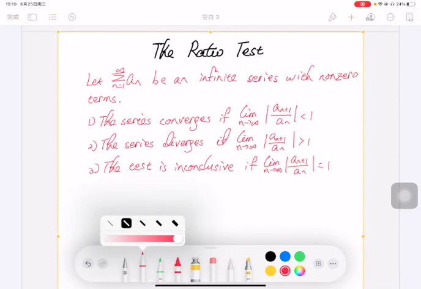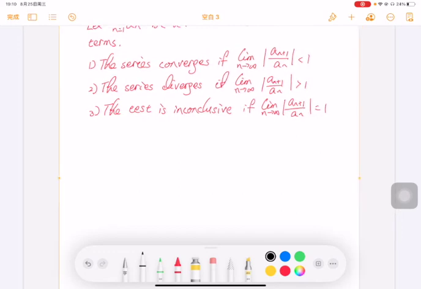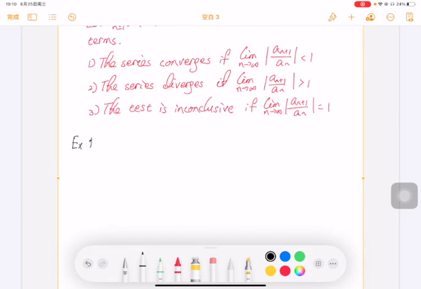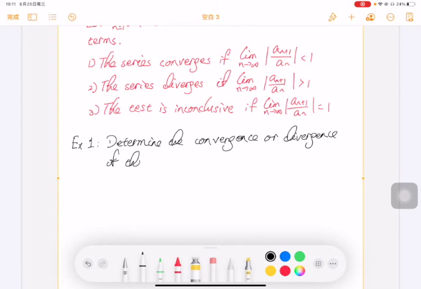The first one is: we want to determine the convergence or divergence of the series, sum from n equals 0 to infinity of 3 to the n divided by n factorial.